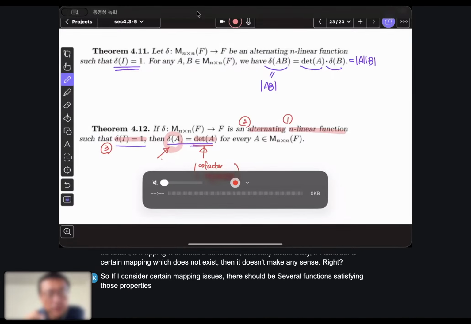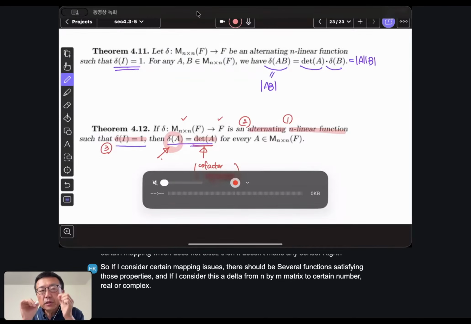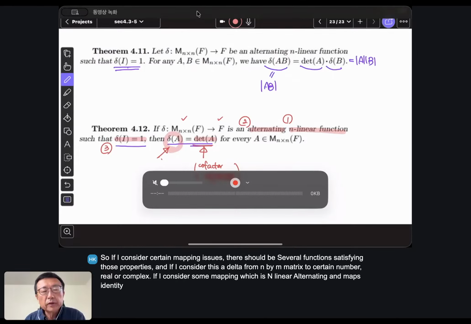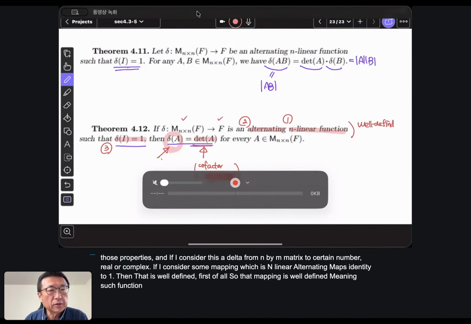And if I consider this delta from n by n matrices to a certain number, real or complex, and it is n-linear, alternating, and maps identity to 1, then that mapping is well defined first of all, meaning such a function definitely exists.